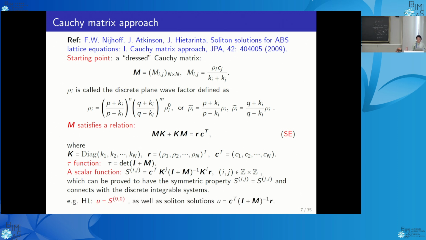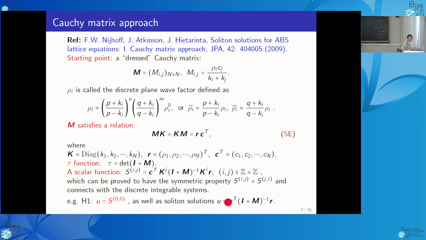For example, if we choose i equal to j equal to 0, we can prove S00 satisfies the lattice potential KdV equation, or the H1 equation. And as we define the structure of Sij, we also know H1 has a solution expressed by this form.